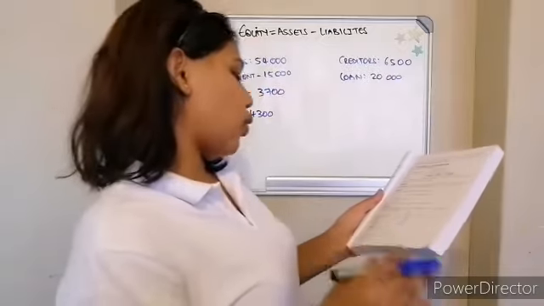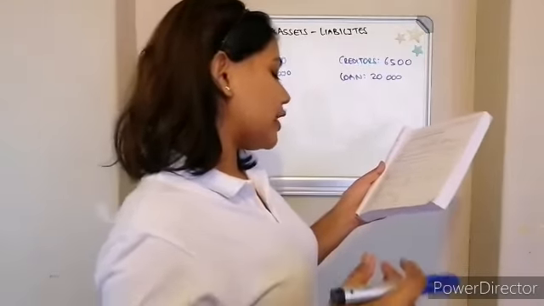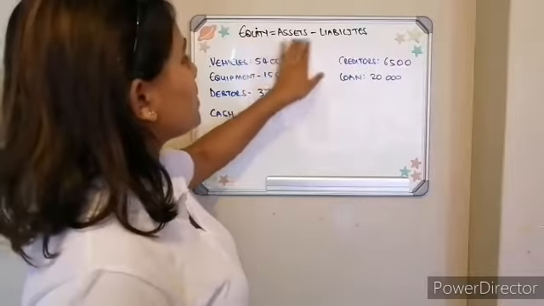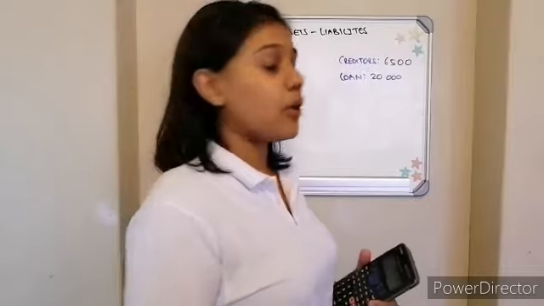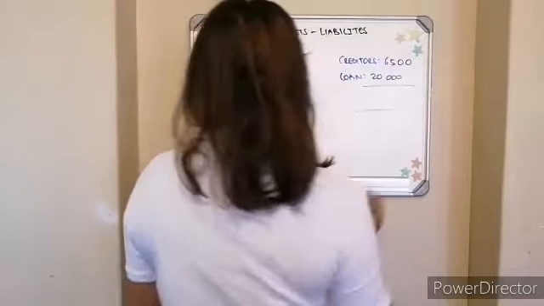So the second part of the question tells us to calculate the equity of Nix Plumbing. In order to calculate the equity, we're going to go back to our equation. Equity equals assets minus liabilities. So let's get the total of our assets and our liabilities.